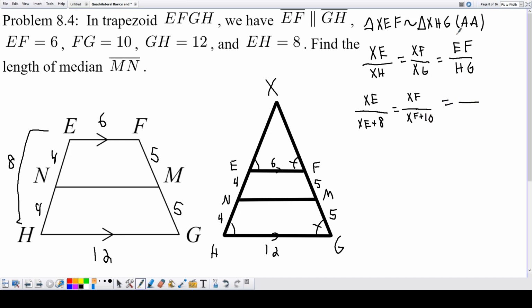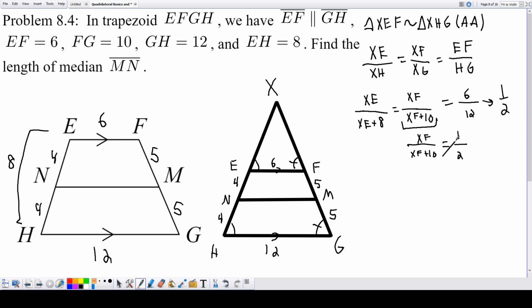And EF is 6, HG is 12, and that would simplify to 1/2. So from here, it should be relatively easy to find the missing sides. So let's take XF for instance. XF over XF plus 10 is equal to 1/2.